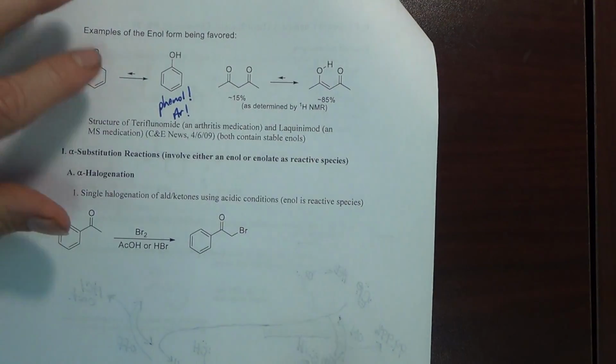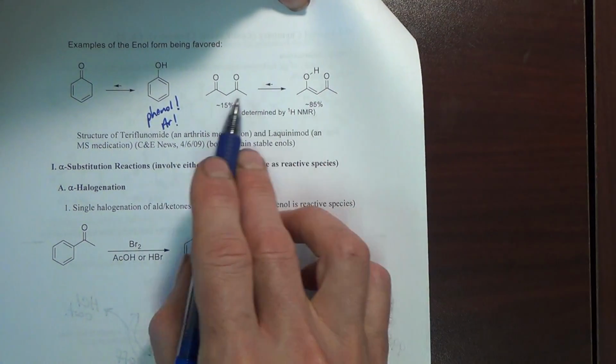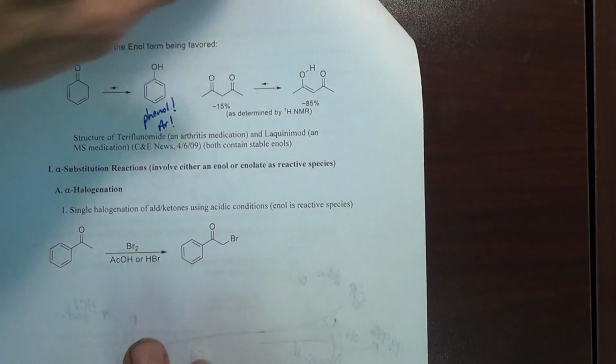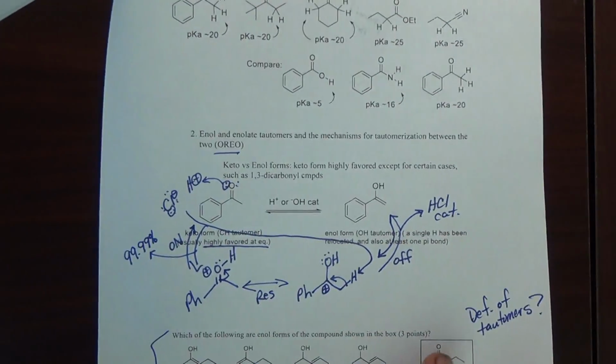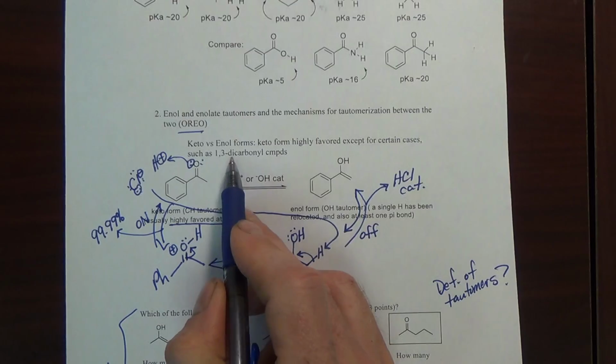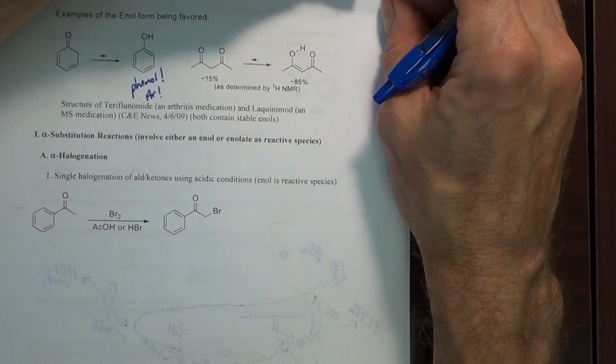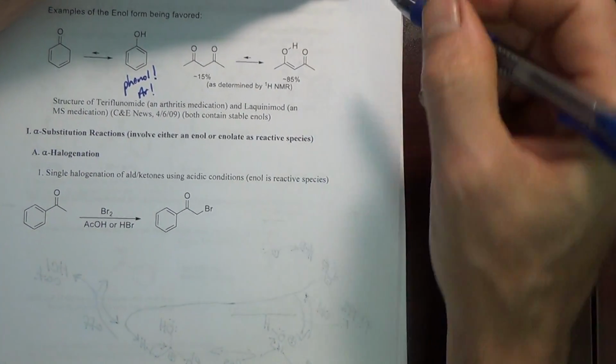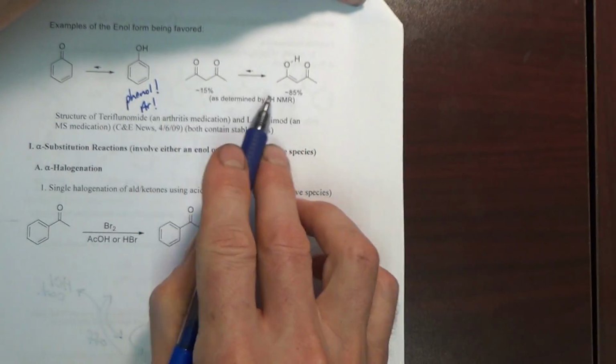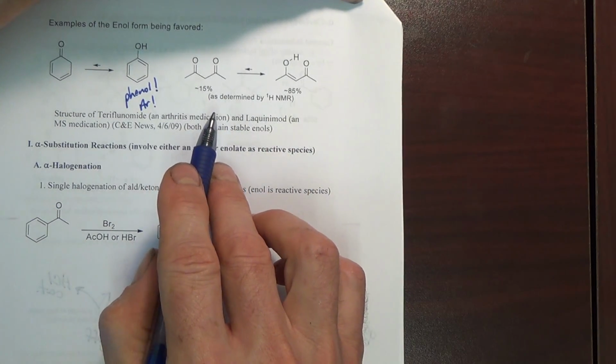Another example is 1,3-dicarbonyl compounds. I think I mentioned that over here. Such as 1,3-dicarbonyl compounds. The monoenol is actually the favored form, and that can be determined by NMR. All right.